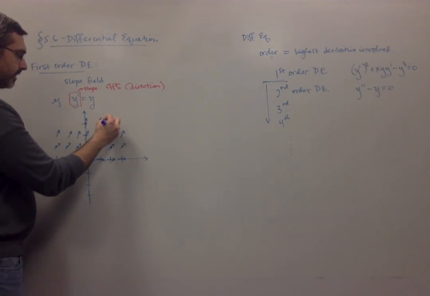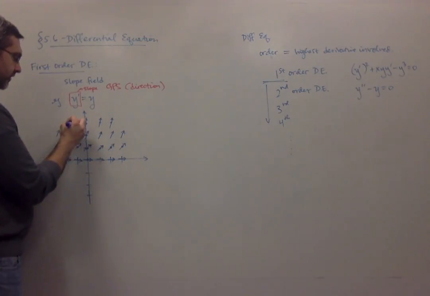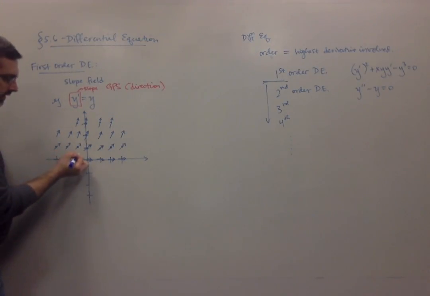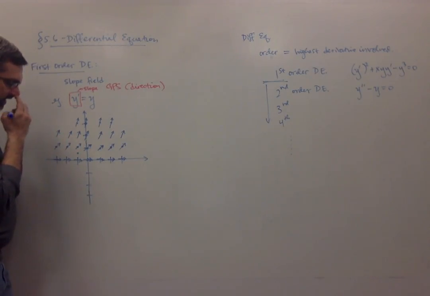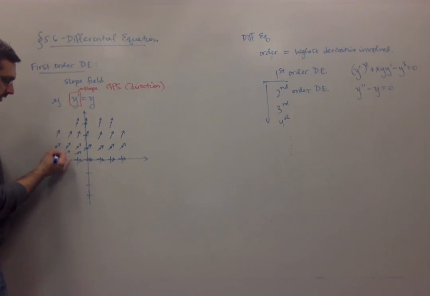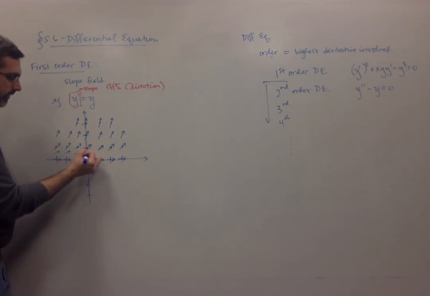Now, I'm only drawing arrows at certain points, but there are arrows literally all over this field. So for example, right here, at negative 1, 1/2, if the y value is 1/2, the slope is 1/2. So everywhere, there's an arrow.